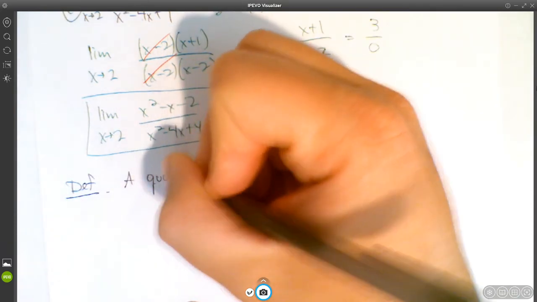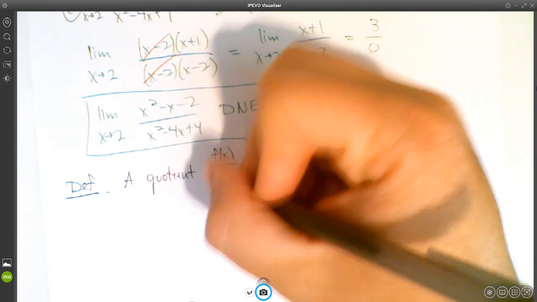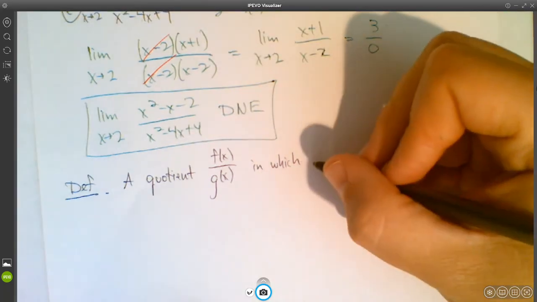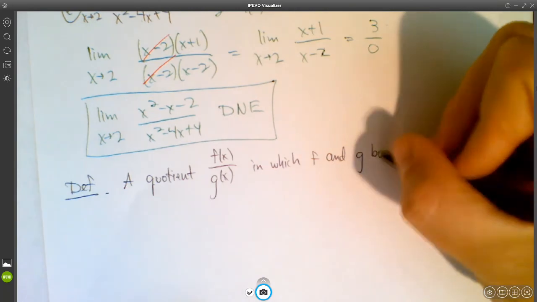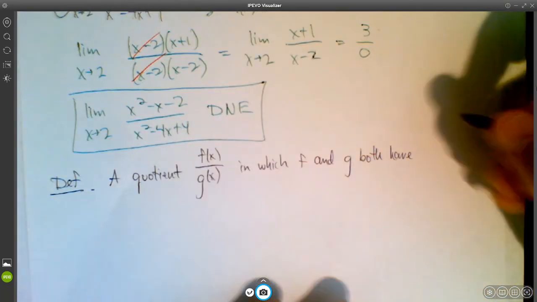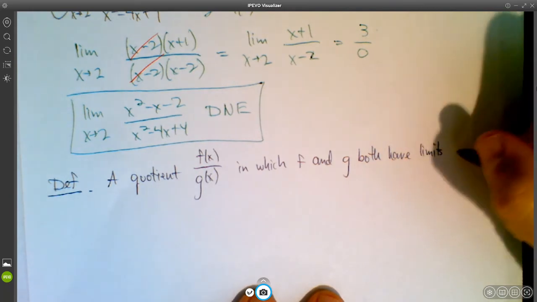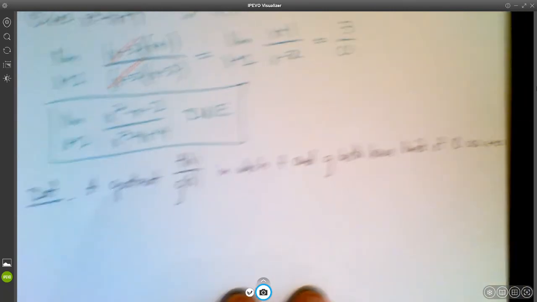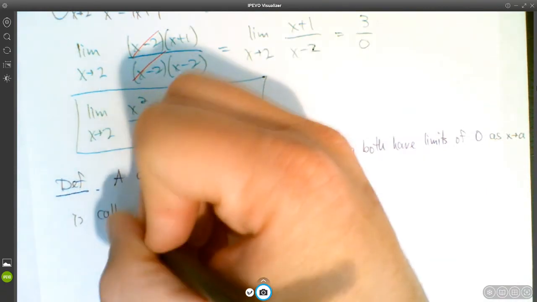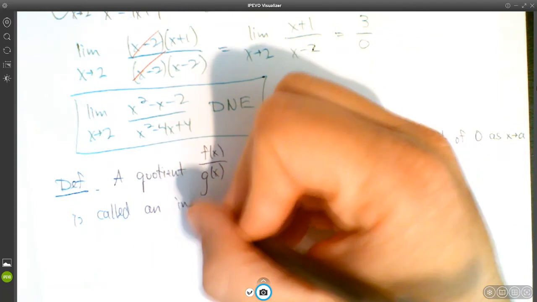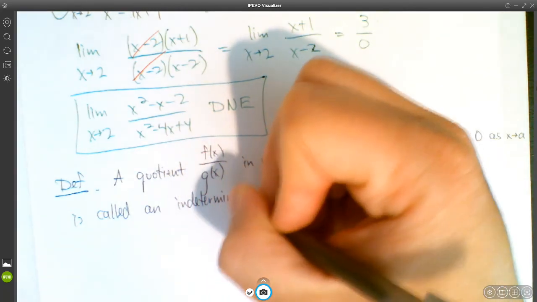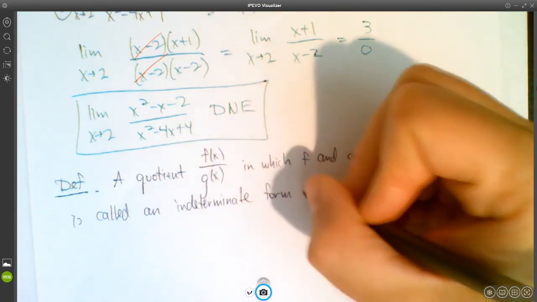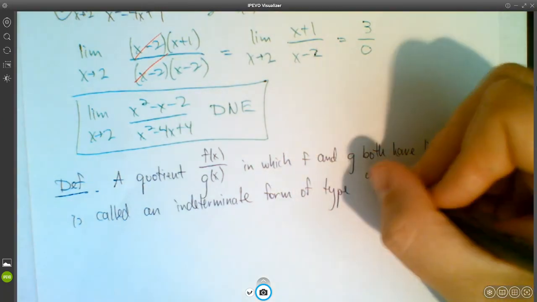A quotient f of x over g of x, in which f and g both have limits of 0 as x approaches a, is called an indeterminate form of type 0 over 0.